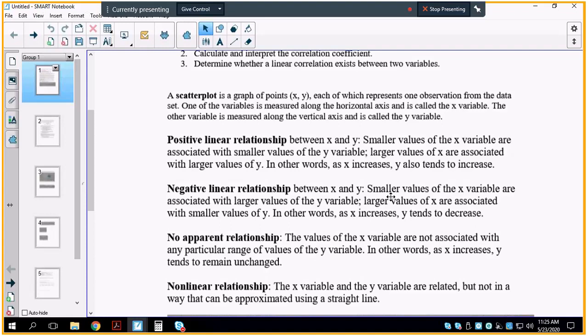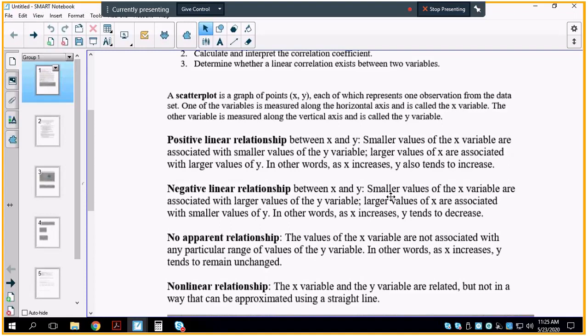No linear relationship will be the situation when the x variable and the y variable are related but not by depicting a straight line. And we will see examples of all four of these situations in our later slides.